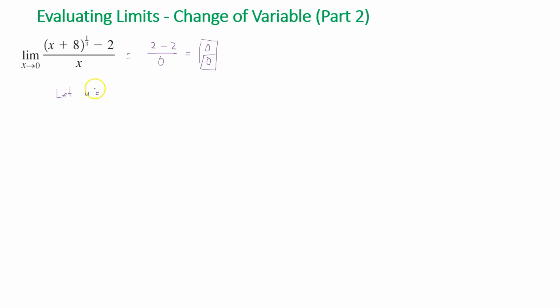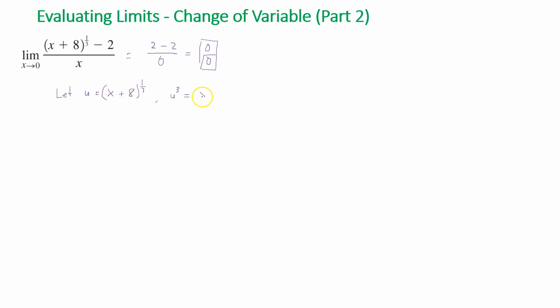equal (x plus 8) to the power of 1 over 3. In that case, to isolate for x, I'm going to cube u, and I'm also going to cube (x plus 8) to the power of 1 over 3 to get rid of the cube root.